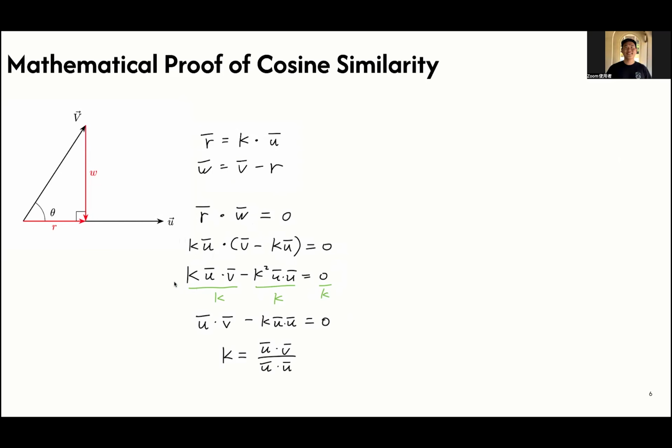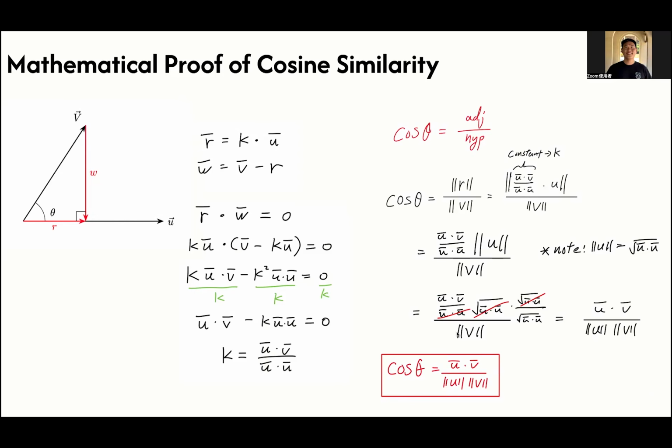Then we can do some basic algebra: we divide everything by k and simplify. Now we look for k, which equals the dot product of u and v divided by the dot product of u and u.